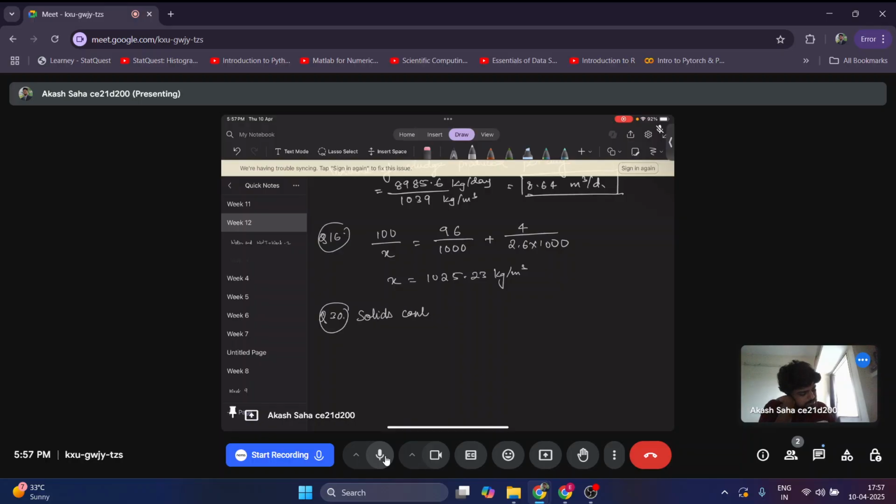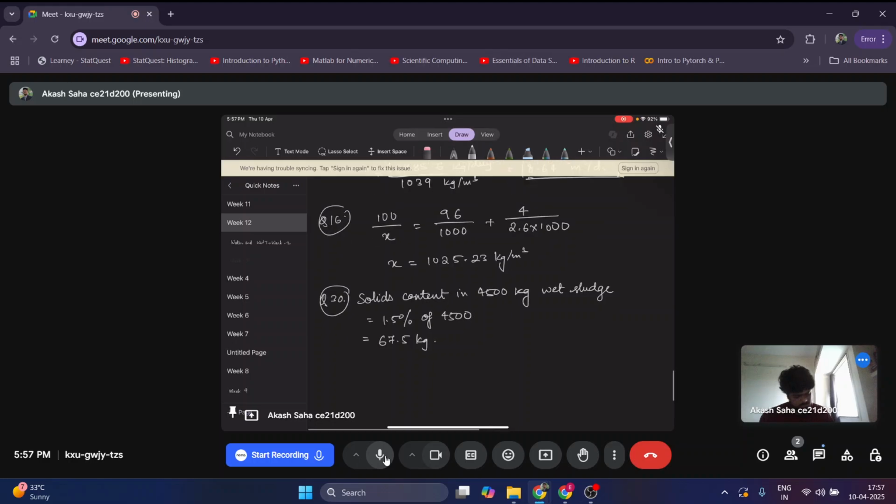Solids content in the 4500 kg wet sludge is equal to 1.5%, so 67.5 kg. Now solid content will not change even after drying or dewatering, whatever. Solid content will remain as it is.